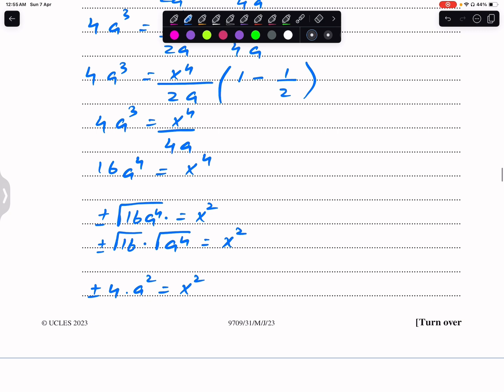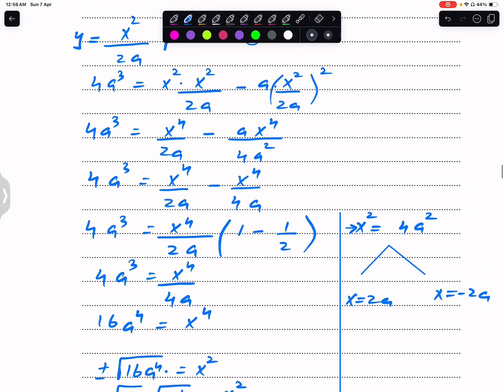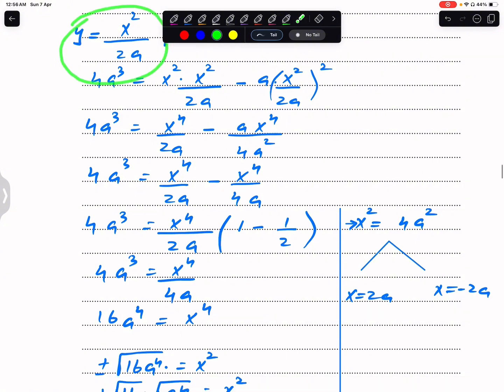So now you will discuss the cases. The first case is if you take x square is equal to 4a square, this will further divide into two values. x is equal to 2a and then x is equal to negative 2a. And then use this value of x in the equation involving y, and that was y is equal to x square over 2a.